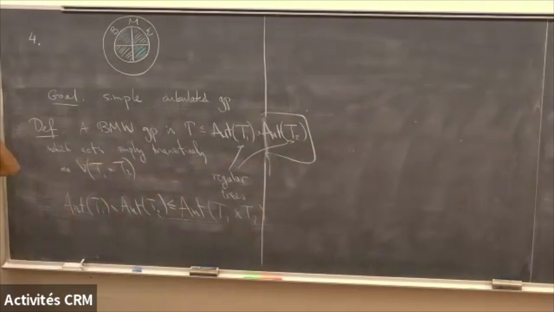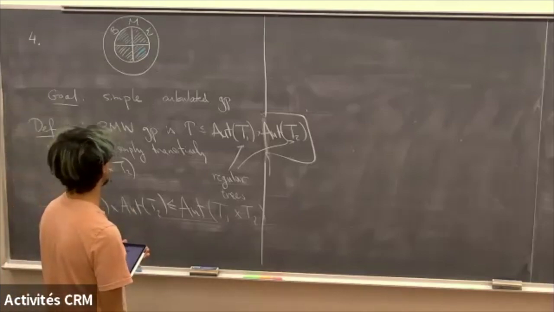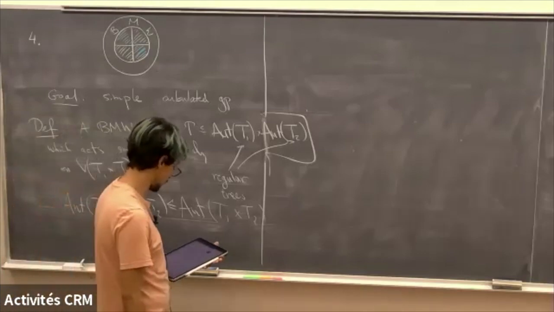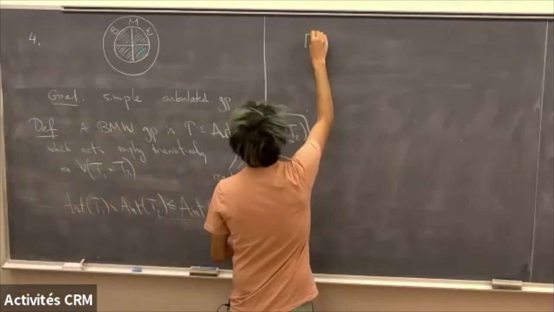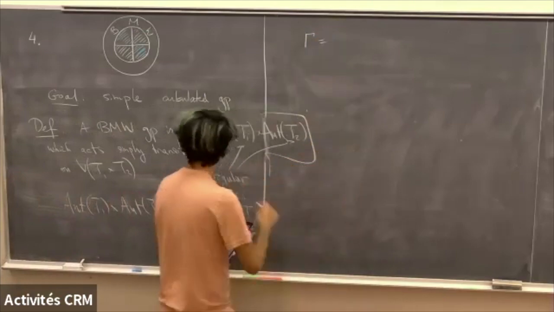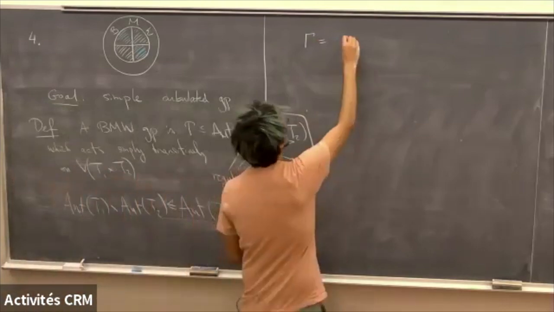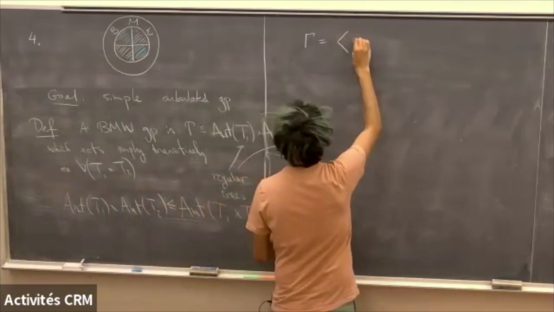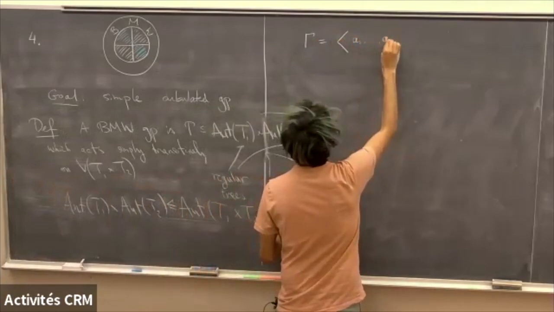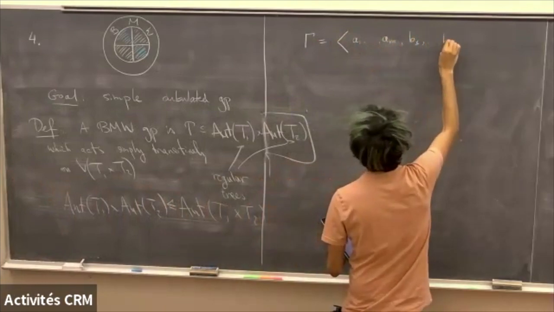So how does one build such BMW groups? We'll take one model. There's more than one model for those groups, but that's one that I like. Not all such groups, but there are BMW groups that can be written in the following way. They have a set of M generators, which I call A1 up to AM, and another N generators, B1 up to Bn.